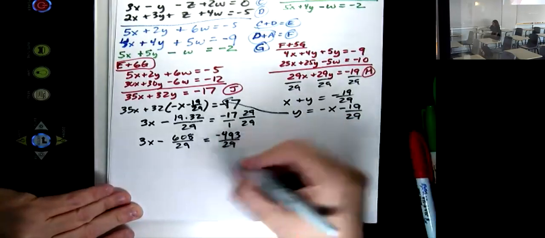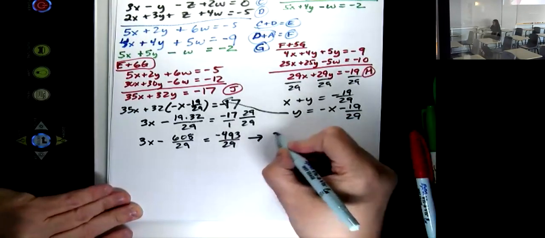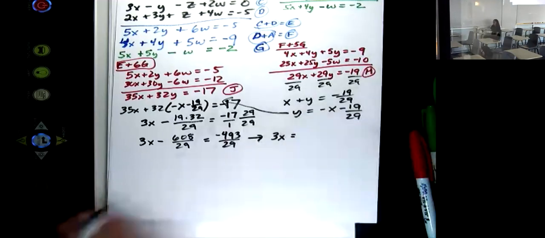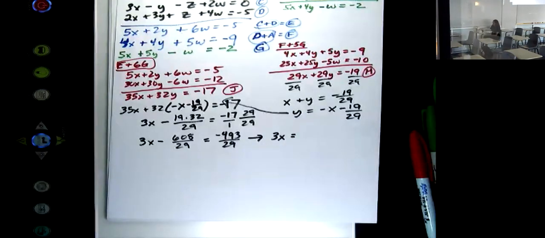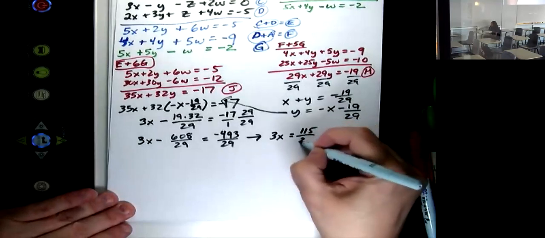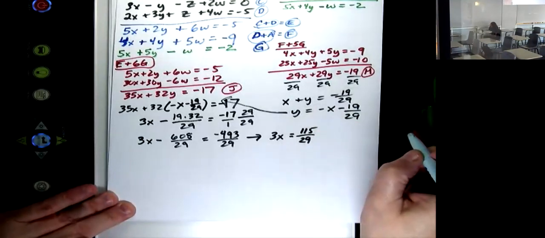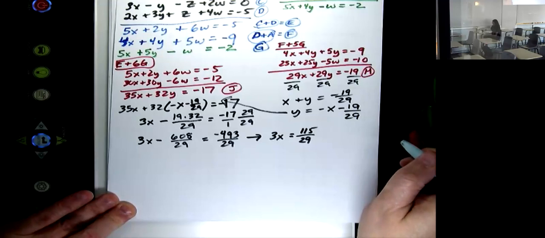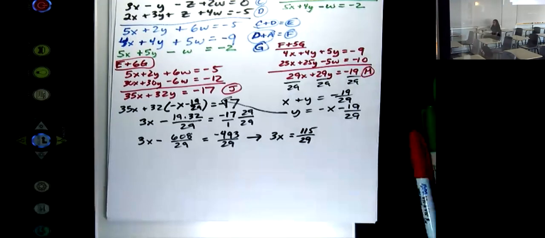And we're going to add the 608 to both sides, and we're going to get 3x equals 115 over 29. Is there any way, shape, or form that is evenly divisible by? No, there's no way. Divide by 29. Nope, that's still a decimal.